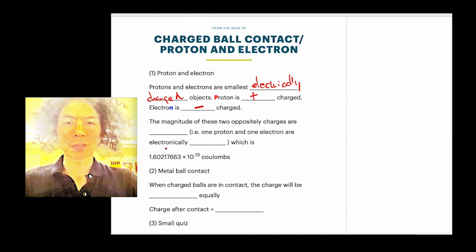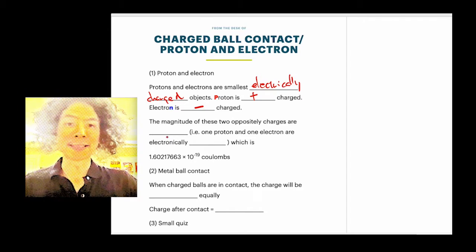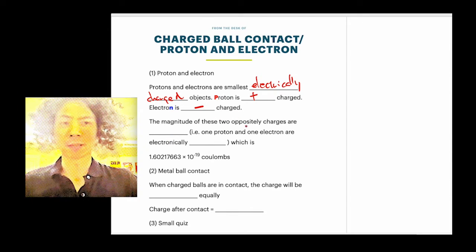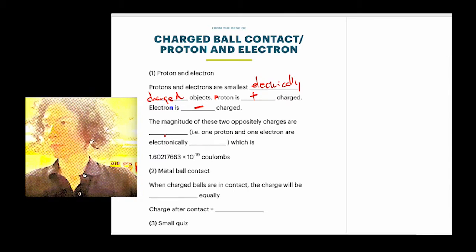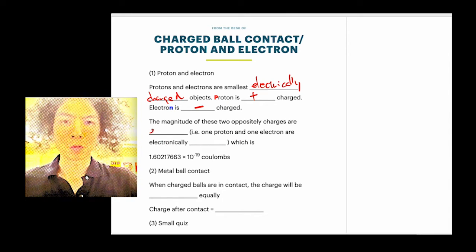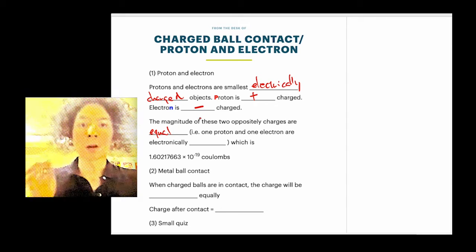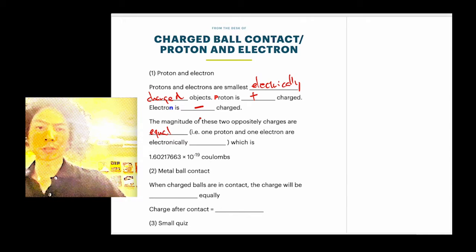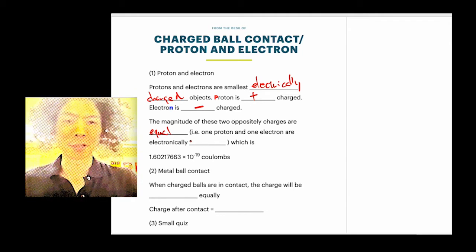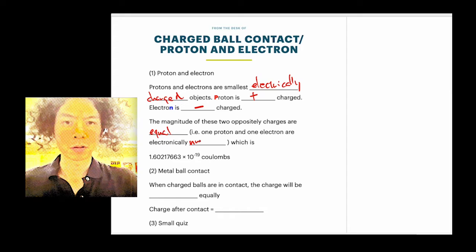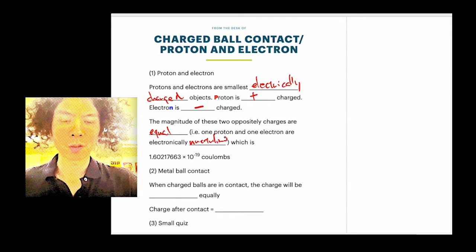And the interesting point is the magnitude of the charges of protons and electrons are equal. Which means if you have one proton and one electron, they can be electrically neutralized.